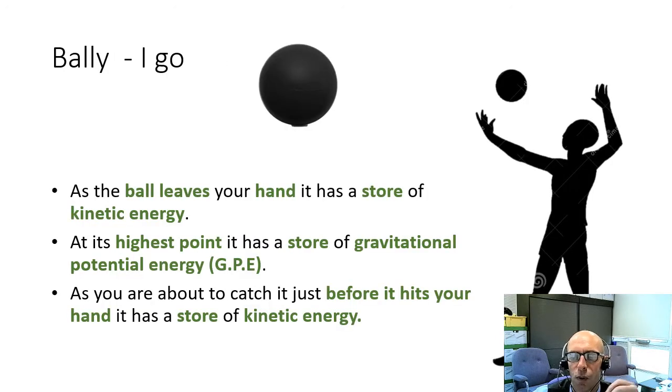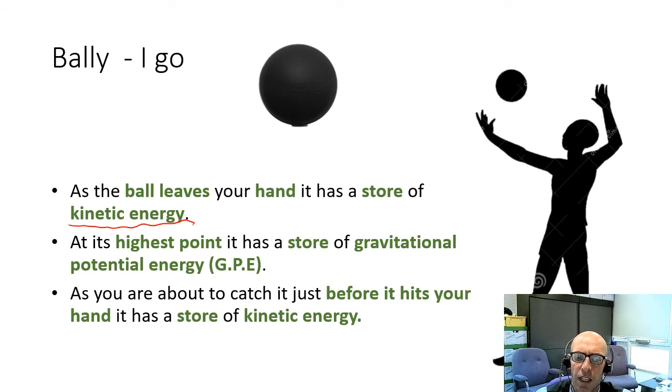And now Borley. So the sort of thing we were talking about last lesson was this example, when I throw Borley up in the air. Now, obviously I couldn't do that inside with the ceiling there, but as the ball leaves your hand, it's given kinetic energy. If you wanted to go back before that, it's given kinetic energy from your muscles giving chemical energy.